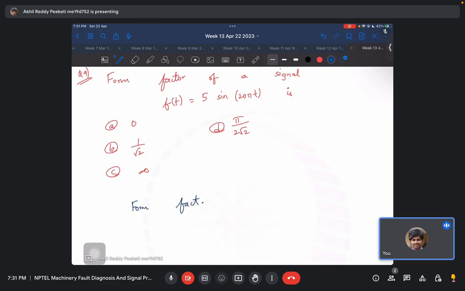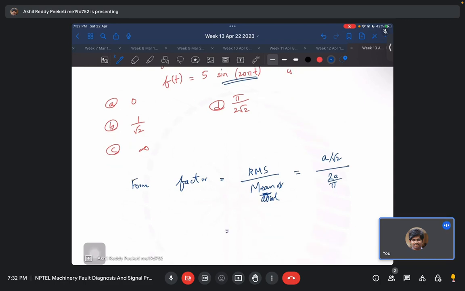What is the formula for the form factor? RMS by mean, right? Because in sine 20 pi t there will be positive and negative sides, we will only consider the positive side for the mean absolute values. When you have a sinusoidal wave, the RMS would be amplitude by root 2, and the mean of absolute values would be 2a by pi.